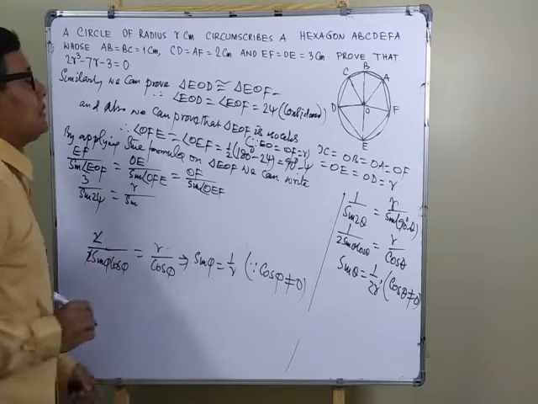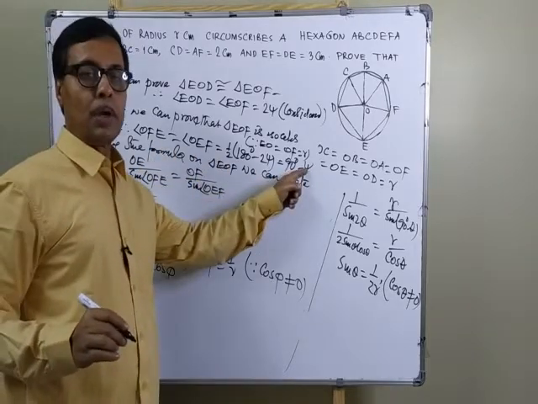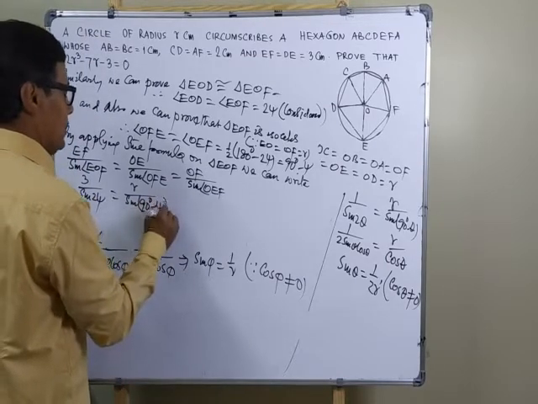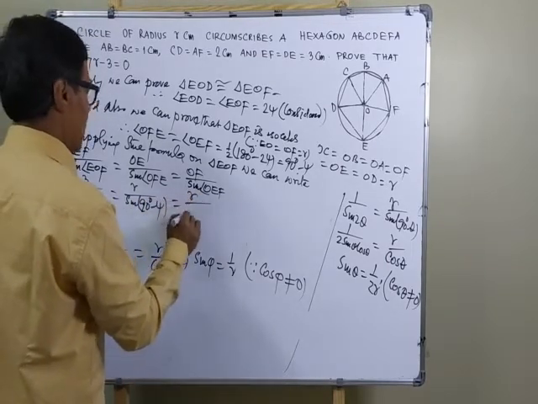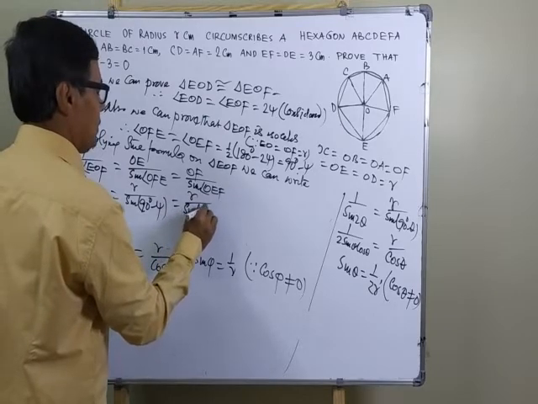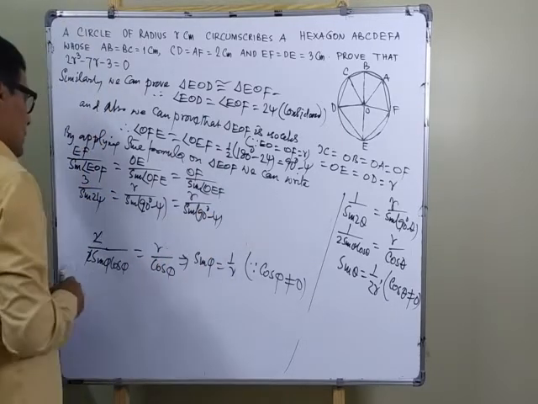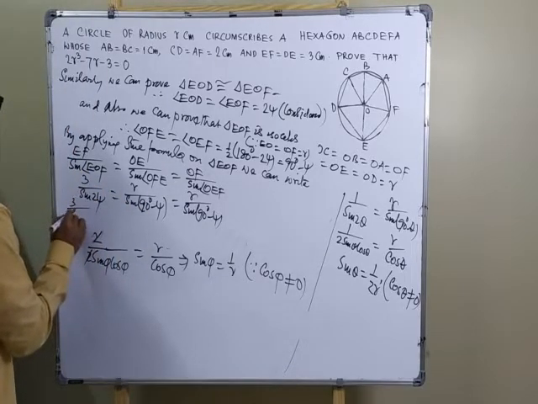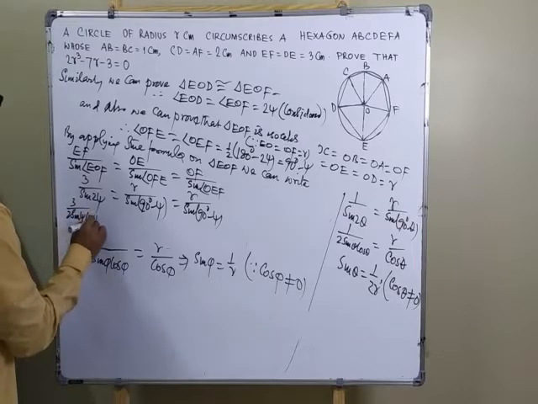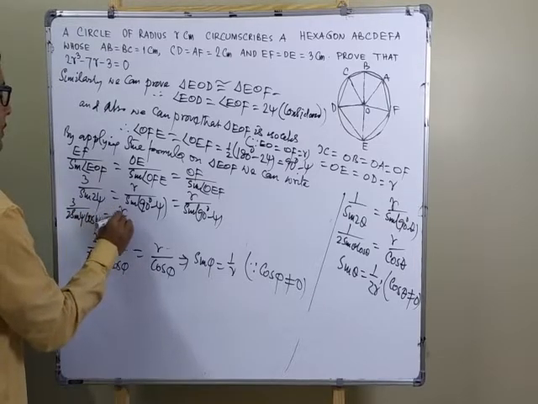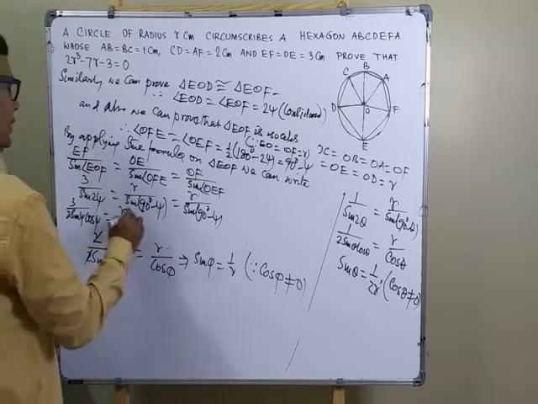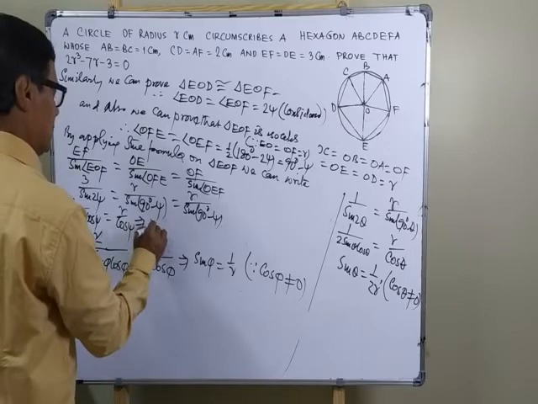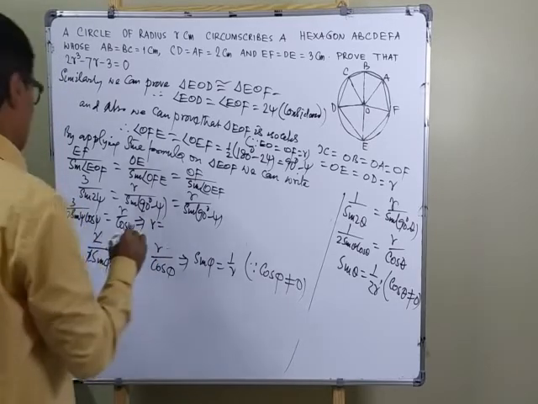OFE is 90 degrees minus psi. This is also equal to R over sine of 90 minus psi. So 3 over 2 sin psi cos psi is equal to R over cos psi.